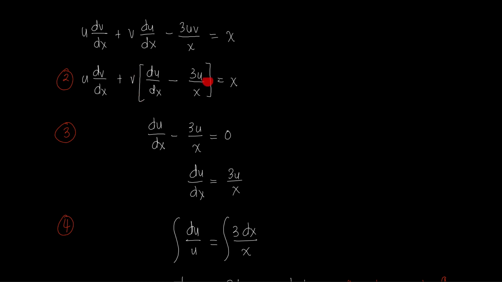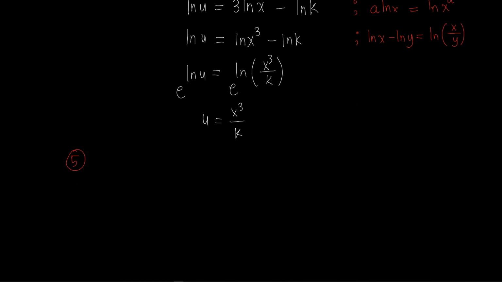So, neglecting this part, ito na lang, u dv over dx is equal to x. Then, i-substitute natin yung u. So, magiging x cube over k dv over dx is equal to x.